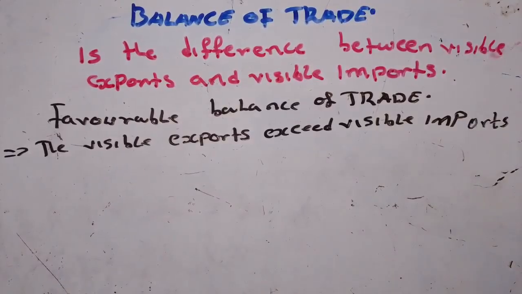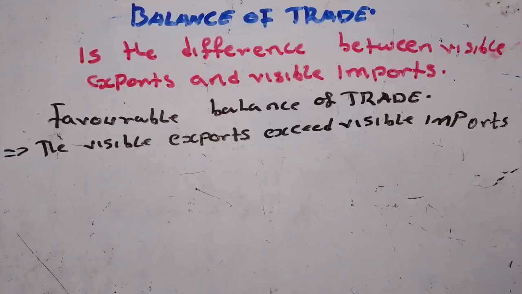So favorable balance of trade is when the visible export exceeds the visible import. A favorable balance of trade is sometimes known as a trade surplus. So trade surplus and favorable balance of trade are one and the same.